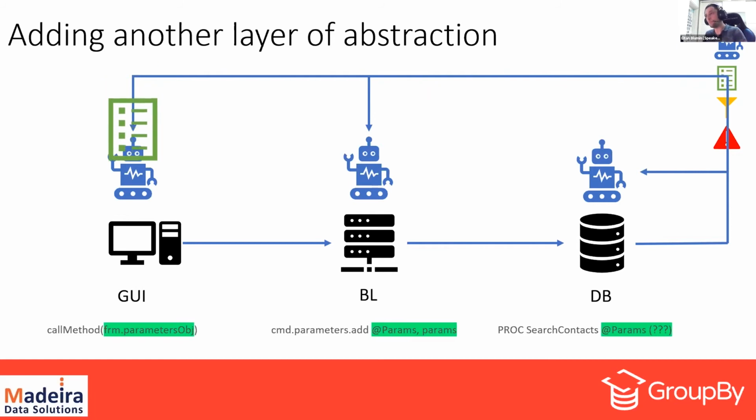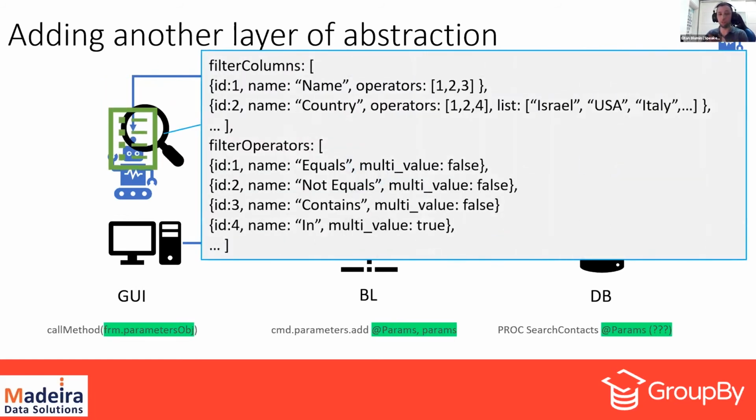The interface gets this list, which looks something like a JSON collection of data of our filter columns, what their names are, what kind of operators they support. Operators as in equals, not equals, contains, starts with, and so on.